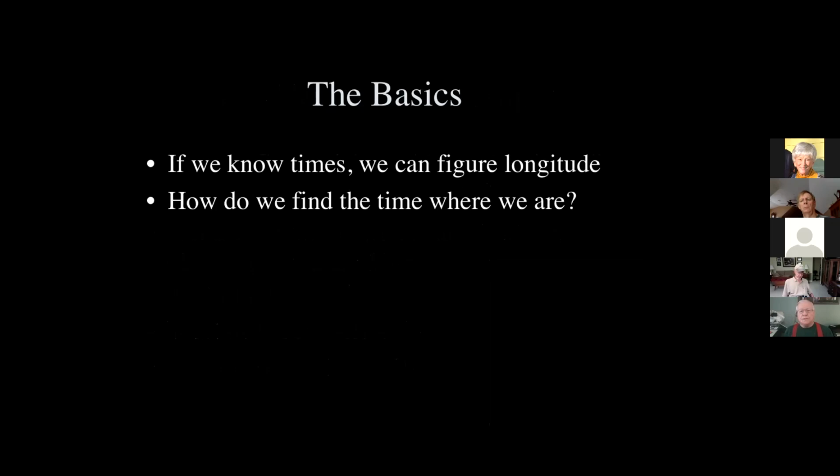So how do we know the time where we are? Well, we use a sextant and we use astronomical tables. I'm not going to go into this. There's a lot of math involved, but it's relatively simple math, mostly addition and subtraction. And taking a measurement with a sextant on a rocking boat at sea is not the easiest thing to do.